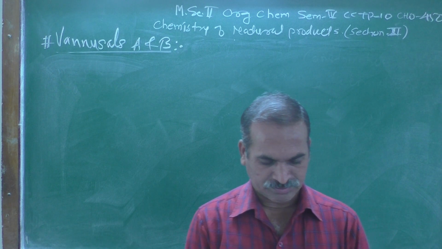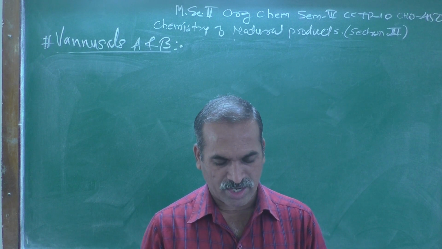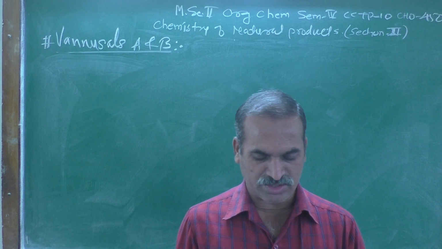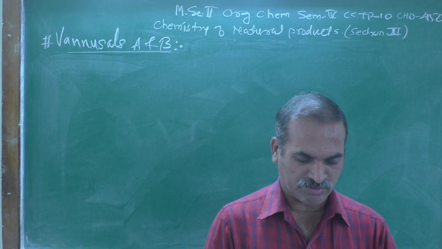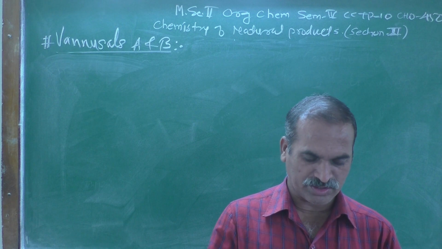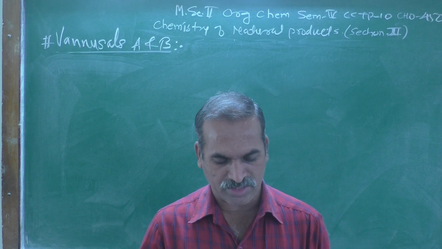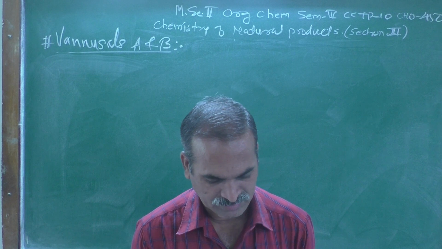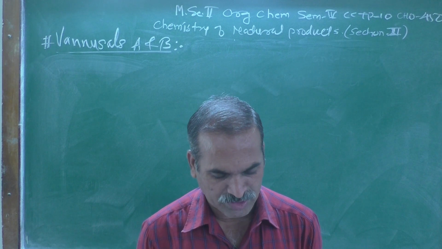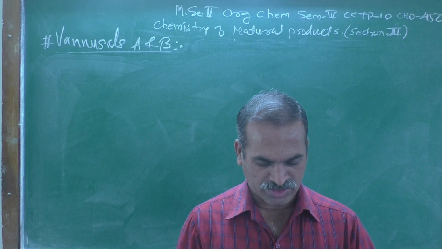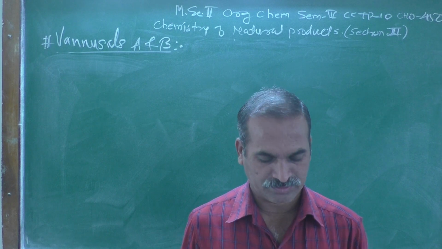And now the coupling of vinyl iodide -26 and aldehyde +27, and the first approach to the originally assigned structure of Vannusal B. That is the point which we are going to discuss right now.